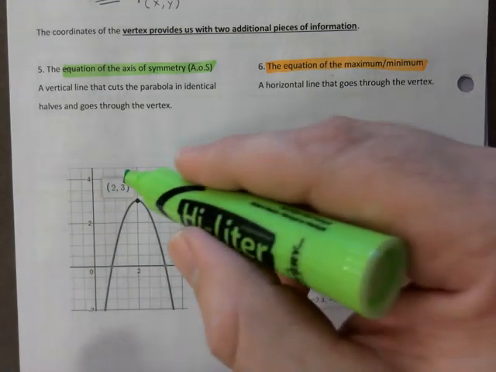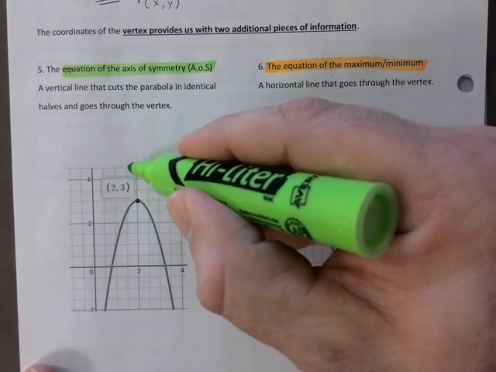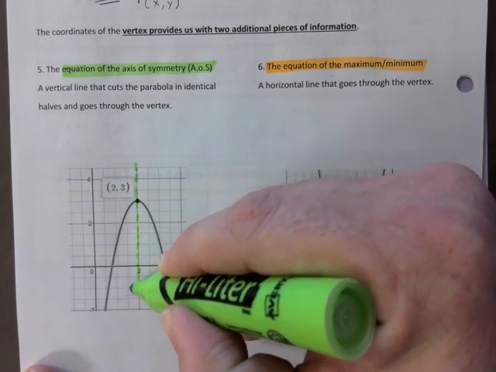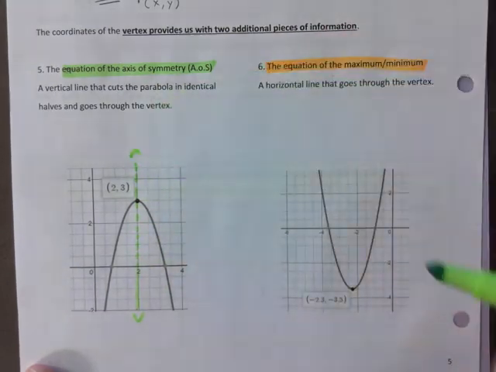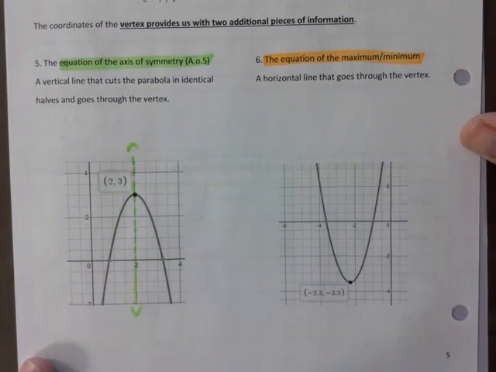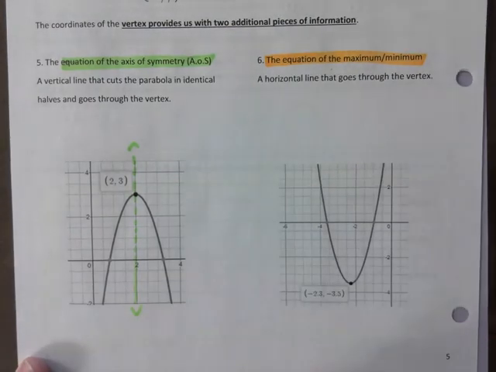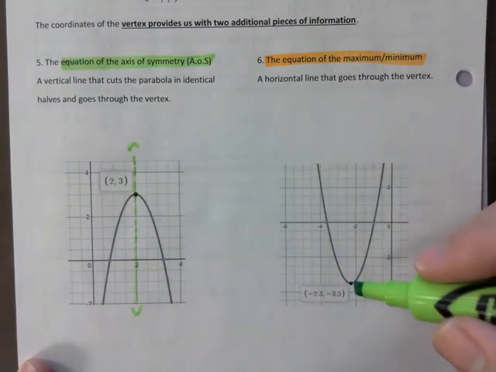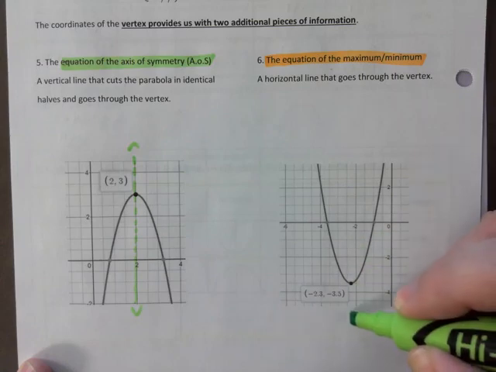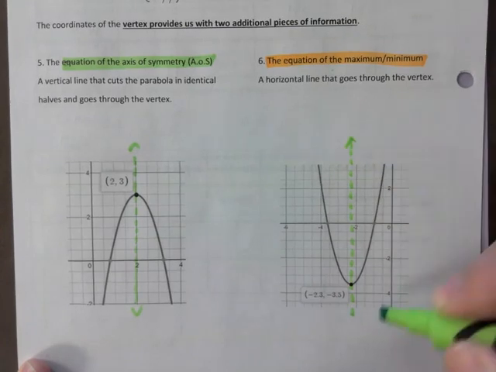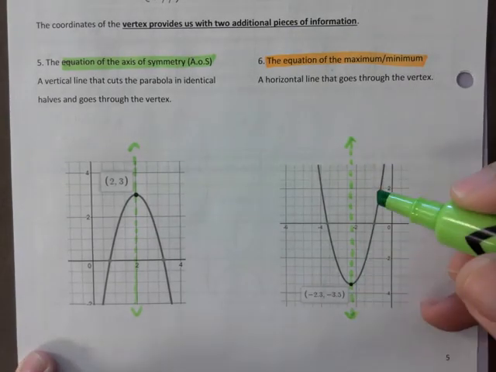So for example, in here, visually, the axis of symmetry would be cutting through the vertex like this. And on this graph over here, can you see that? It's not perfect, but on this graph right here, the axis of symmetry would cut the parabola in half like that. It goes through the vertex, all right?